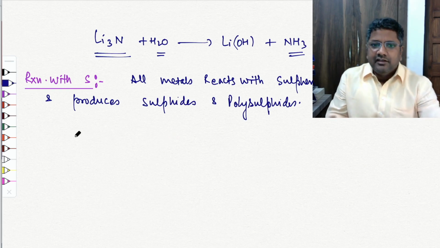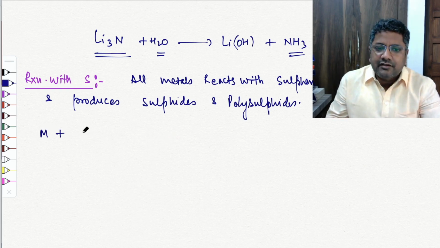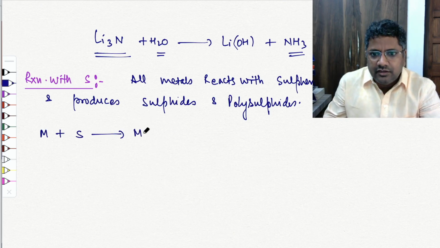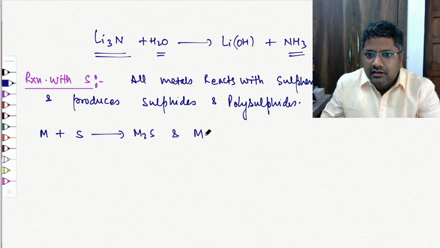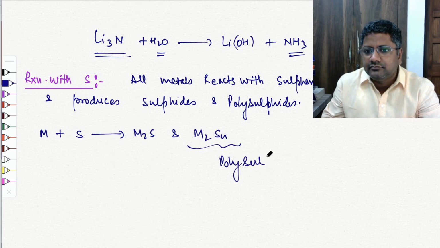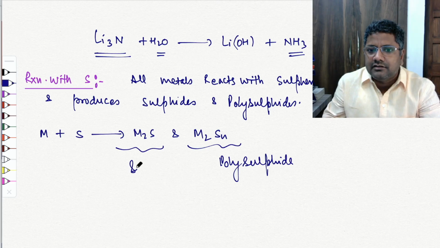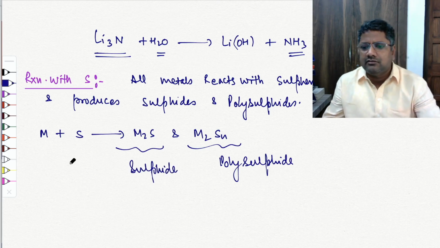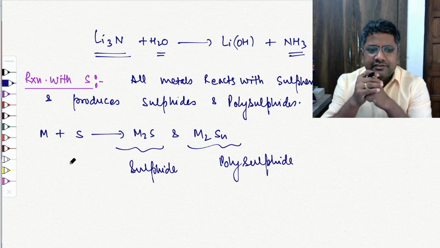Polysulfides, right? So metal plus sulfur, you will have M2S and M2Sn. This is the polysulfide and this is sulfide, and n is equal to all elements form.